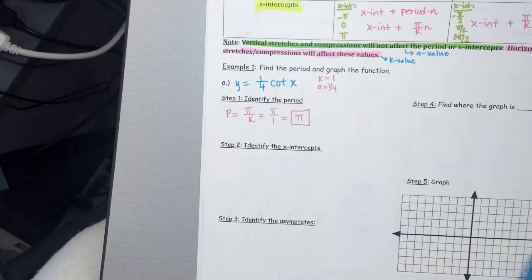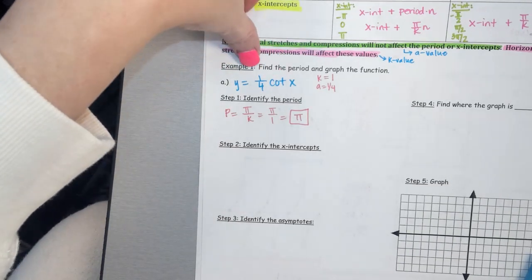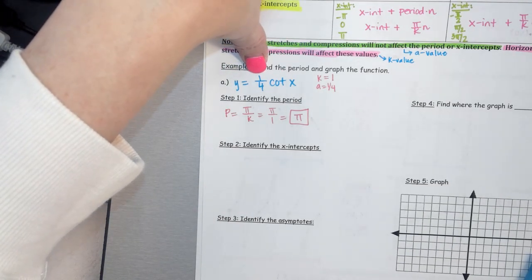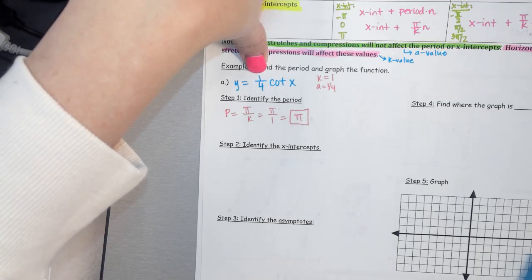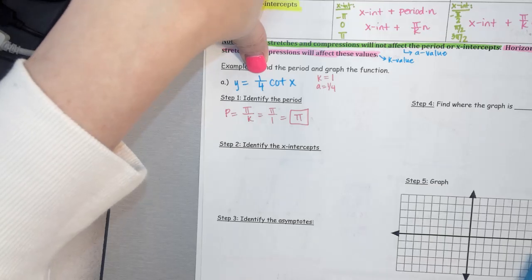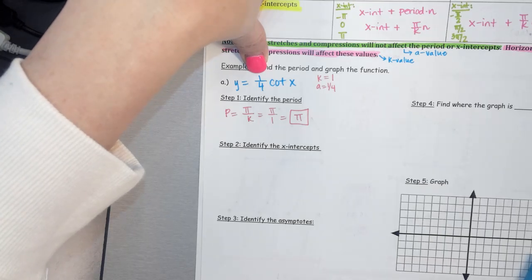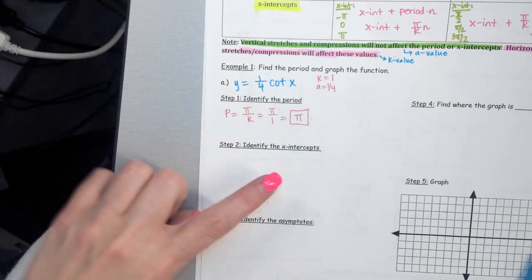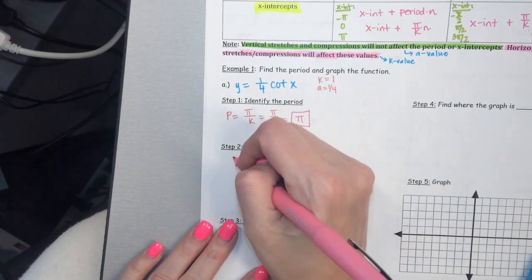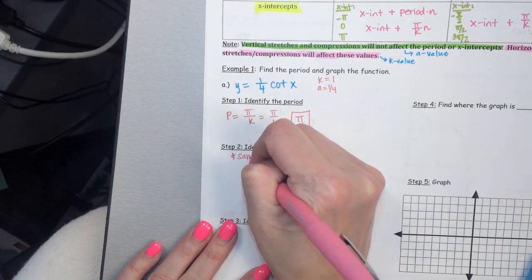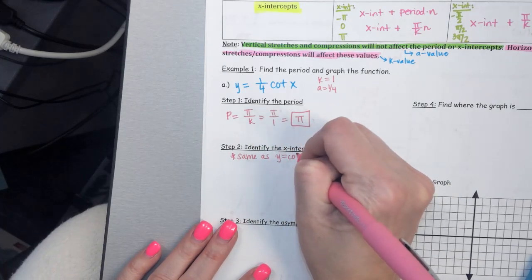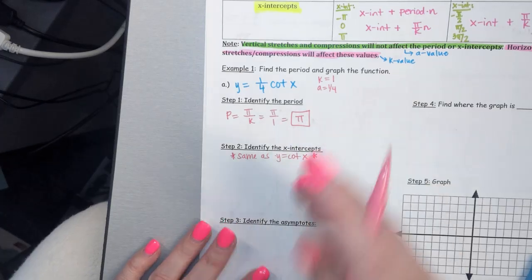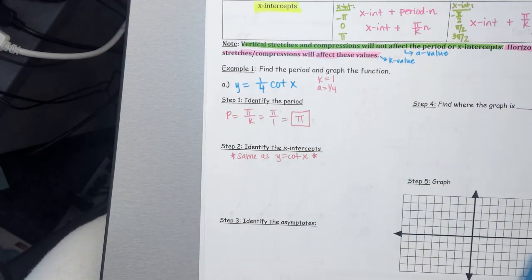But the only thing that's happening here is the y points are going to be multiplied by what? 1/4. So that's the only thing that you have to worry about in terms of changes, which means the x-intercepts are going to be the same as the cotangent. So I'm not going to have you go through the process of finding the x-intercepts when your k value is 1 because they're just the same.